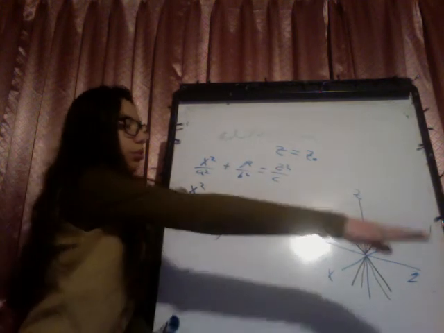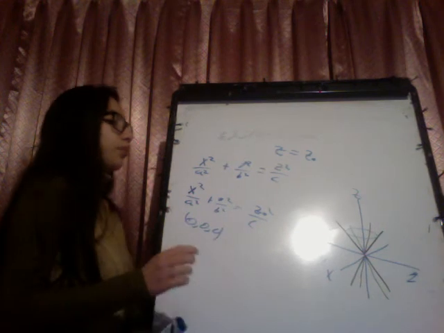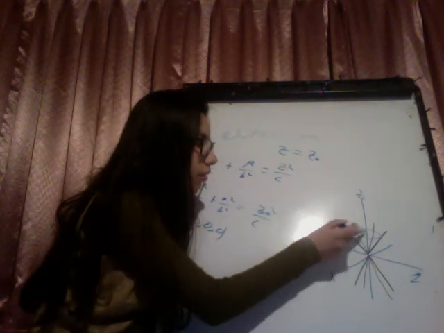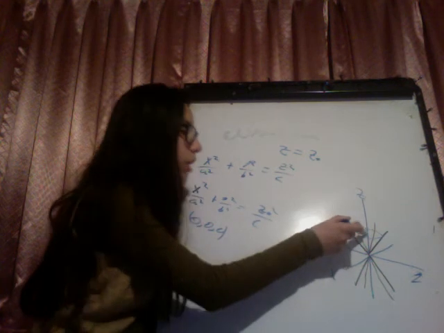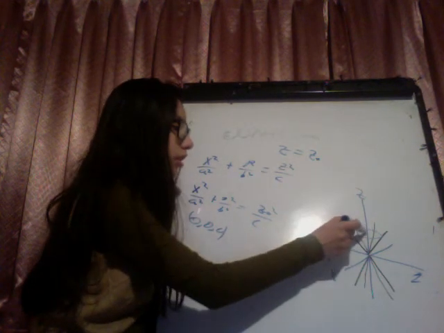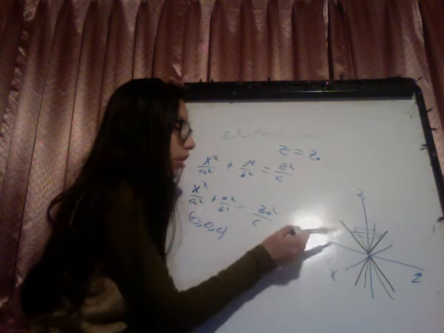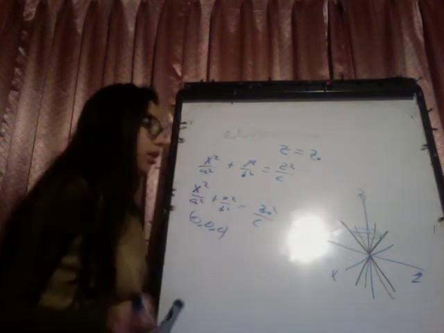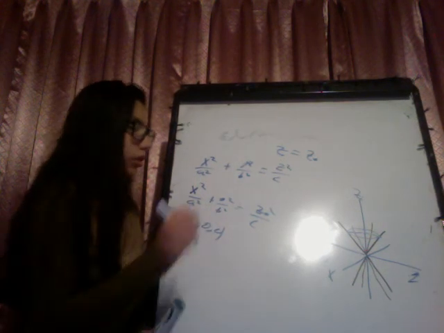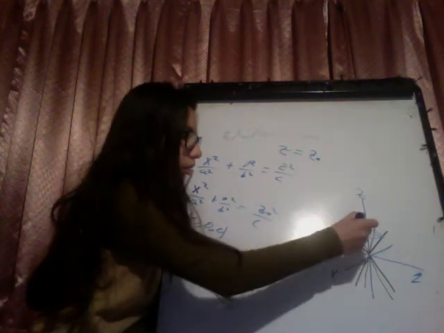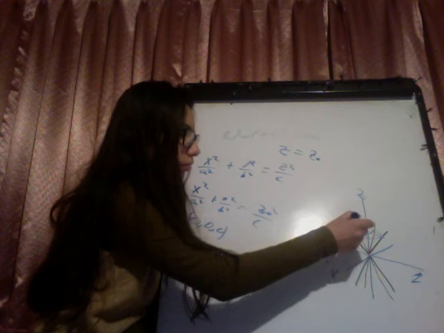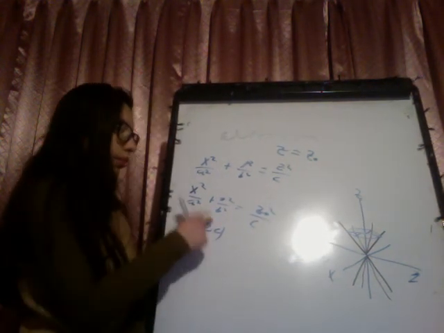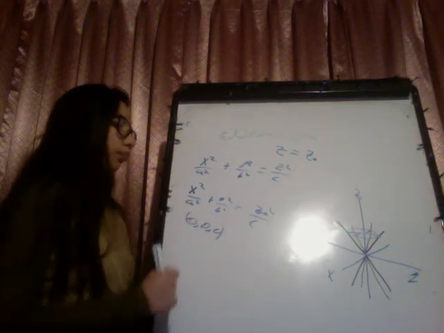So when you do cross sections, you have an ellipse, where the distance from the center to this vertex, this bold black line, is b, and from the center to the other vertex, that's a. So we have these semi-axes in the ellipse.